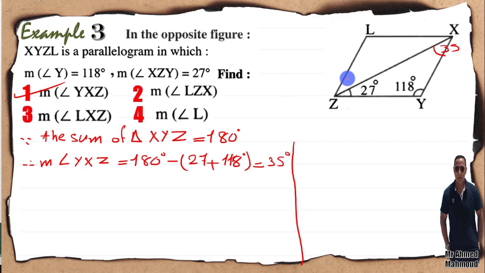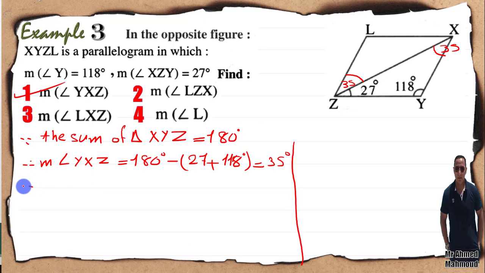LZX equals 35 degrees, because this angle equals this angle, alternate angles. This is Z shape as you see. I'm going to reflect 35 from here to here.